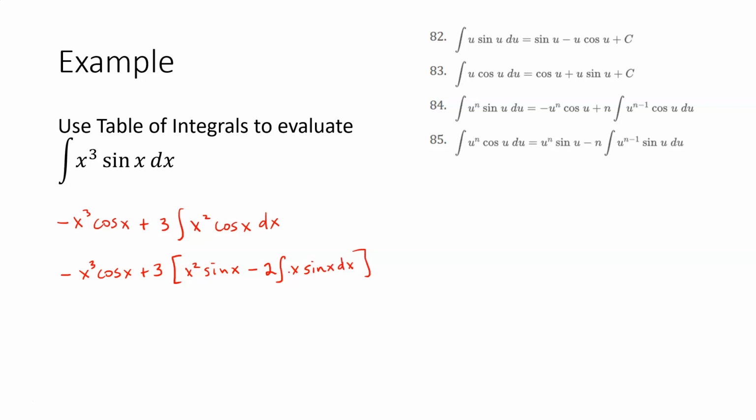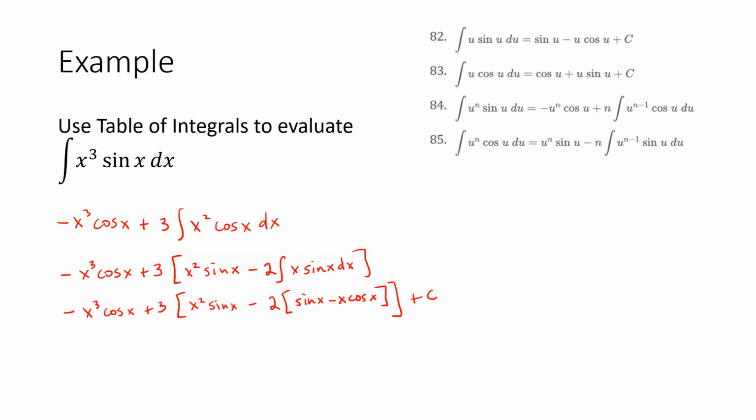Okay, and then finally we're in the form x sine x, which we can use the 82 up here to get the form of that integral. And again, that's all just done using integration by parts if we wanted to work this one out without having to use a table. So it'll be sine x minus x cosine x plus c.